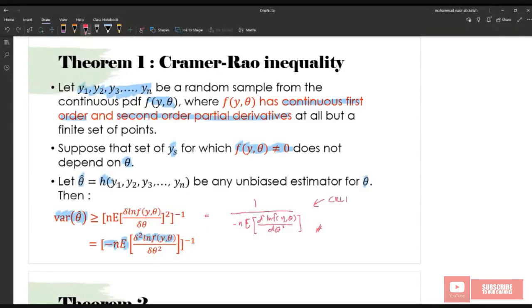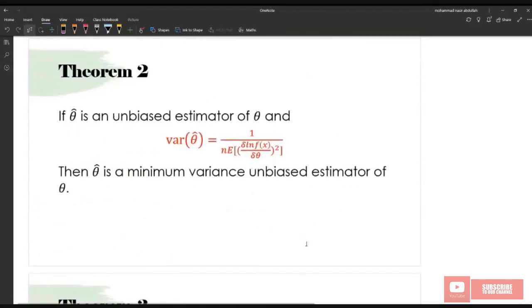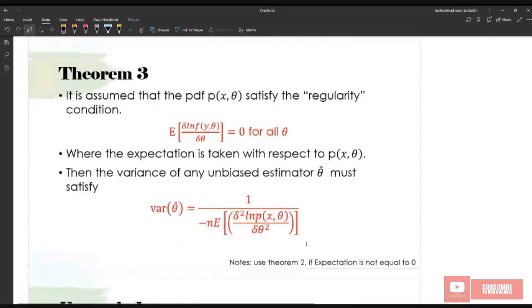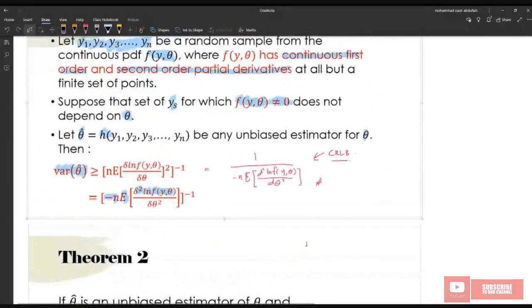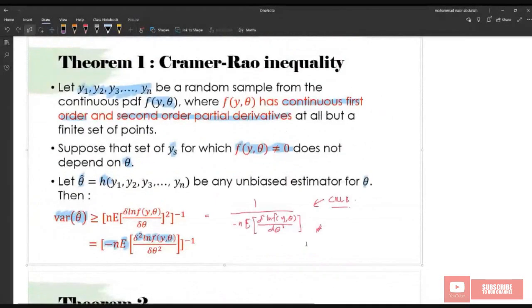Look at theorem number 2. It's the same definition. For theorem number 1, we have two formulas.